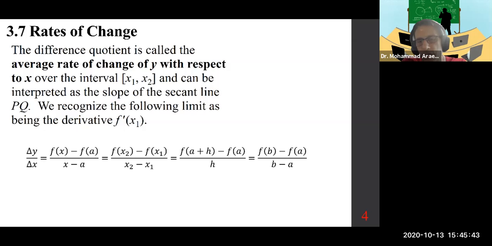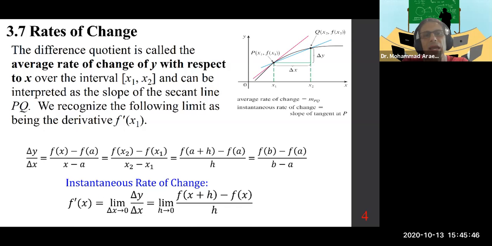Remember, in general, the rate of change refers to the average rate of change of y with respect to x. Now, the instantaneous rate of change becomes the derivative function, okay? We have seen this before.